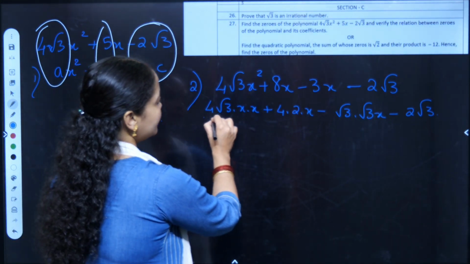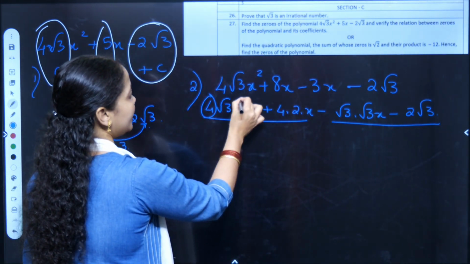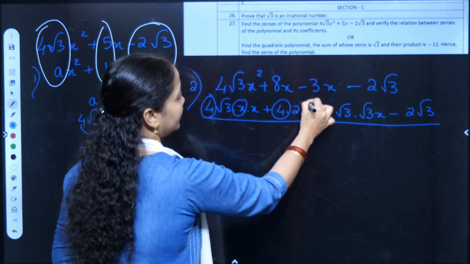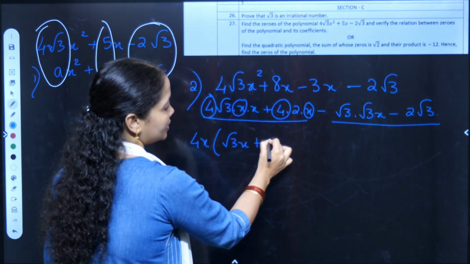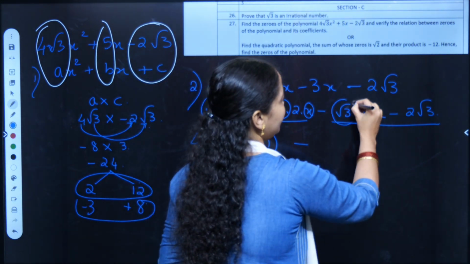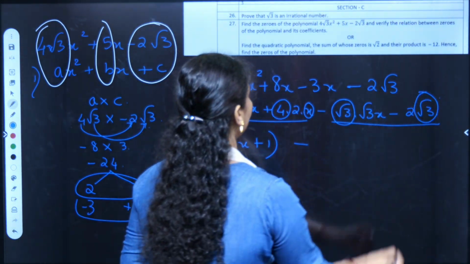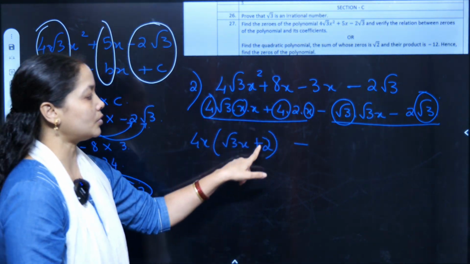Now I'll consider this as one term and this as one term. In both these terms I have 4 and x common. I'll take it out. Root 3x retains with a positive 1, minus, in both these terms I have root 3 common. So here root 3x plus 2 is common, 2 is left out, not 1.